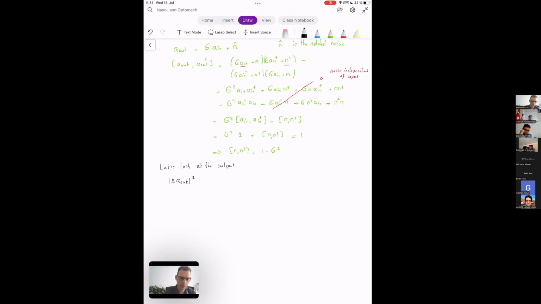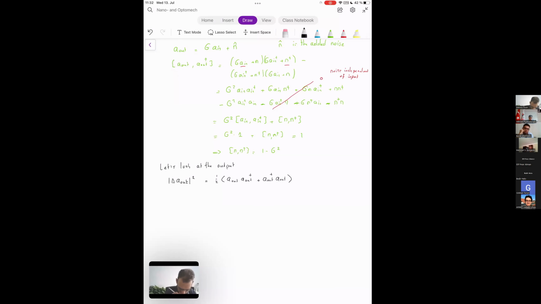It turns out this is equal to the uncertainty or the variance in the real part plus that in the imaginary part. But then in the end, what you can do is you can relate that noise to whatever comes on the input. And it turns out that in this case, this is now given by 1/2 the expectation value of A out A out dagger plus A out dagger A out.